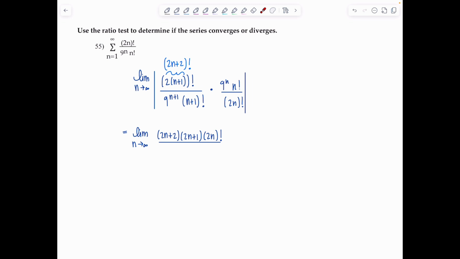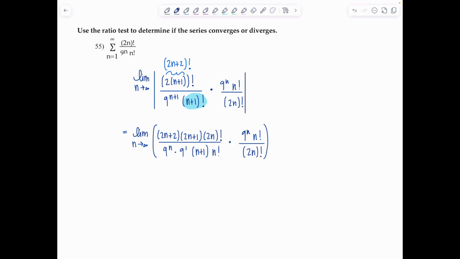And then 9 to the n plus 1, I can break that down. That's 9 to the n times 9 to the first. n plus 1 factorial, let's break that down. That's n plus 1 times n factorial. So all of that's broken down. And then here, these guys, I'm going to leave them as is because they're ready to cancel.